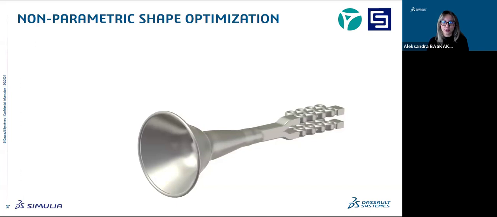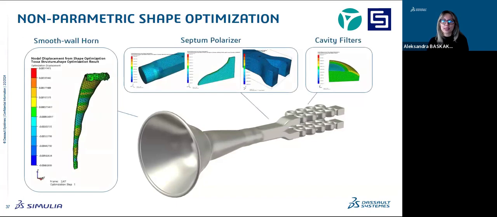The feature has been available to our customers since last year. It is the first commercial non-parametric optimizer for high-frequency optimization. With the new licensing scheme, you can use the same tokens for CST and for Tosca. I must say that this workflow brings new means to advanced designing.